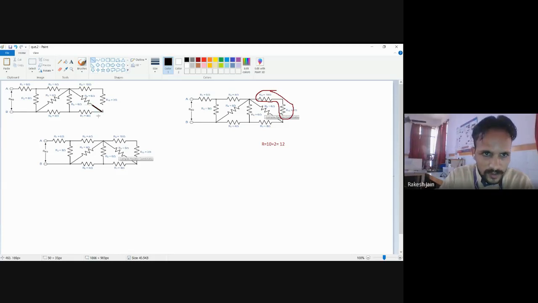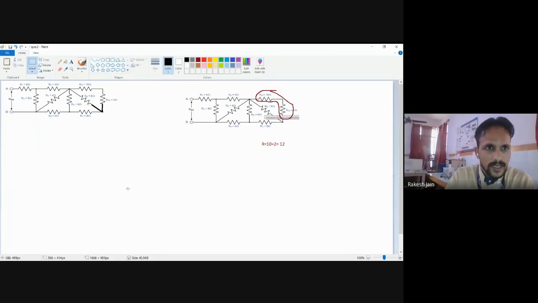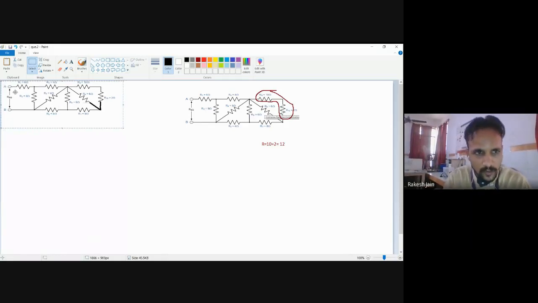So actually this was your question. Now the 10 ohm and 2 ohm both are in series. So the total value of resistance in between those two is 10 plus 2, that is 12 ohm. Okay. So now what will happen with the diagram? Now the diagram will be changed from this basic question into this one, which I am going to draw.